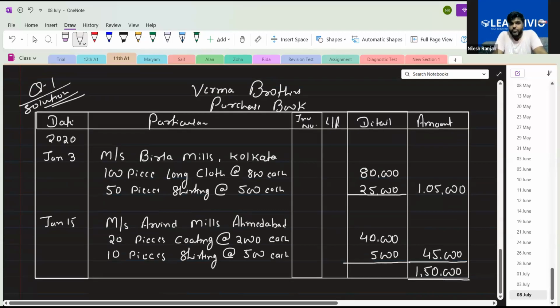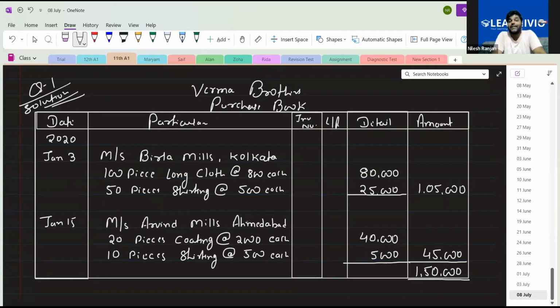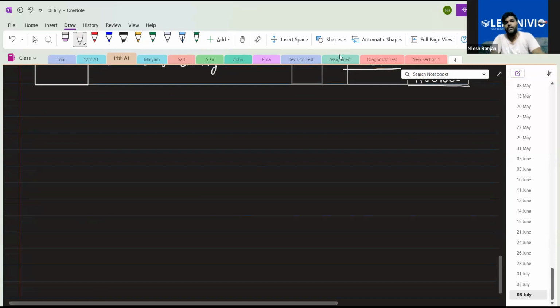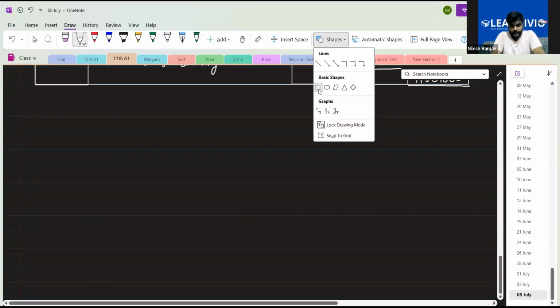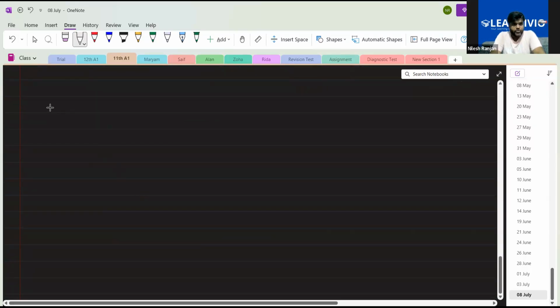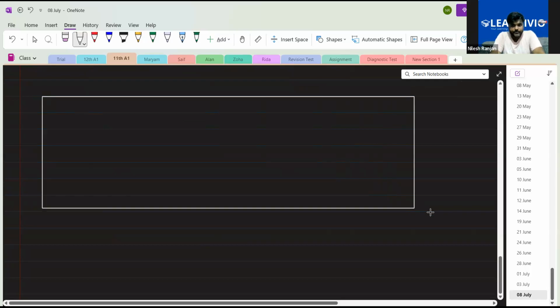Now, from purchase book, we have to create purchase account in the ledger. Okay, so in the ledger from this book, I'm showing you how it will be written in ledger. There will be 3 accounts.